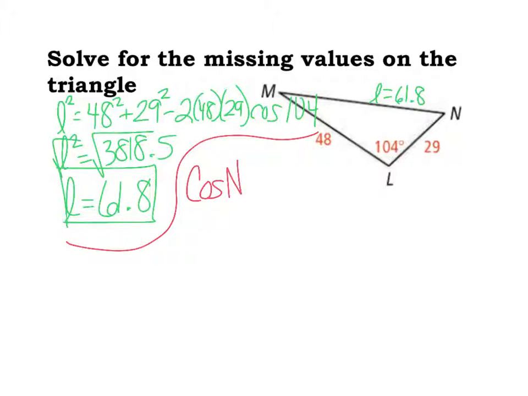I'm going to do angle N equals the two adjacent sides, the 61.8 squared plus 29 squared minus your special side, the one across from your angle. And then in the denominator, it's 2 times those first 2 that you used.